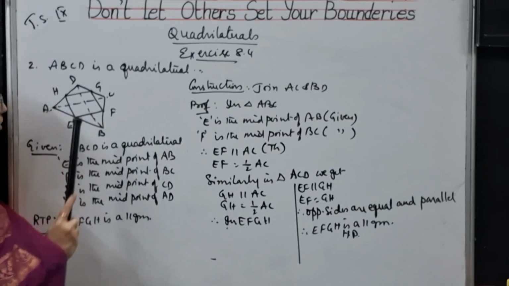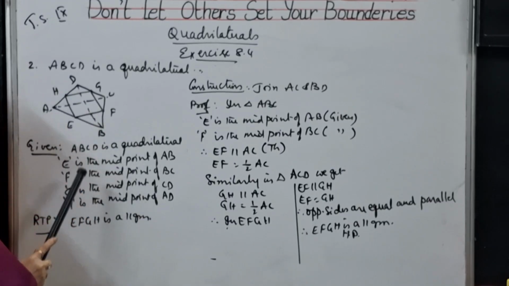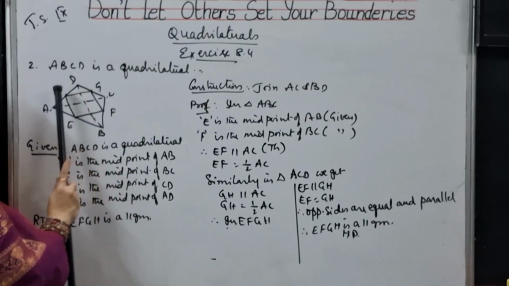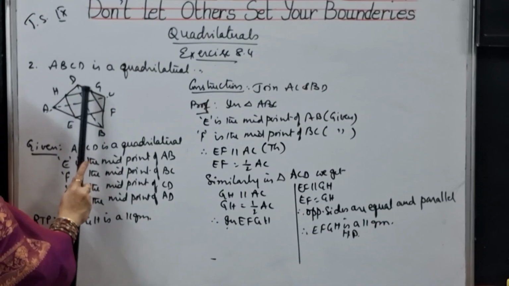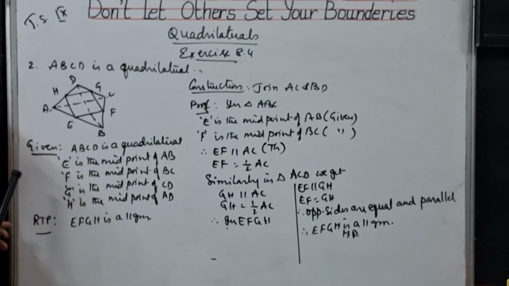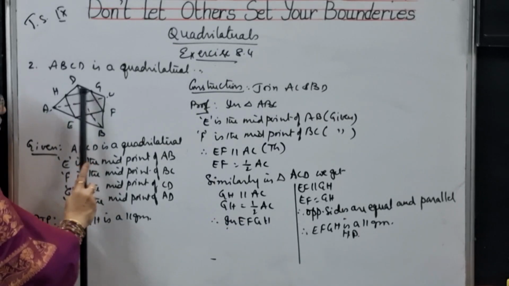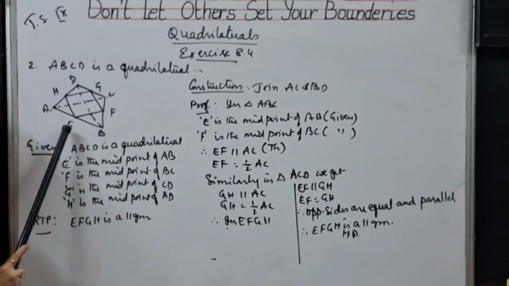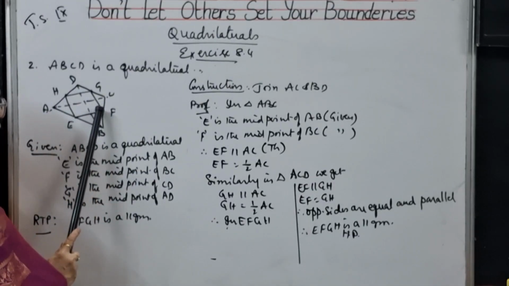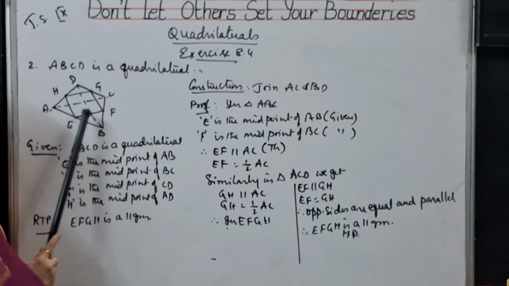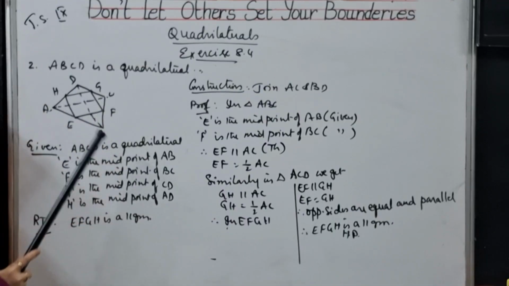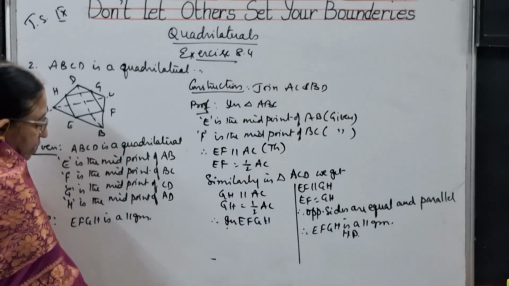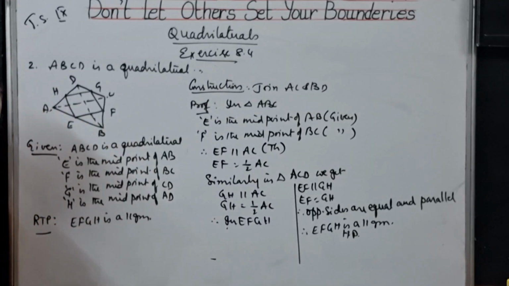So EF is parallel to AC, EF is half of AC. Similarly, if you talk about triangle ACD, G and H are the midpoints of CD and AD respectively, they have given. So again, GH will be parallel to AC, GH will be half of AC. That means what? In EFGH, EF is parallel to GH, EF is equal to GH. Opposite sides are equal and opposite sides are parallel. So EFGH is a parallelogram. Please note it down.